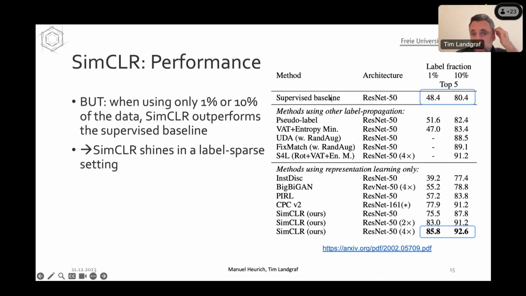A really drastic drop in performance can be seen in the supervised baseline, but pre-training SimCLR and then training only the linear classifier with only the 1% portion of the training data gives us still an 85%, so almost double the performance of the supervised baseline.